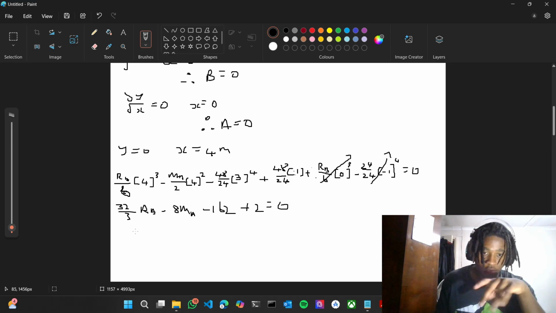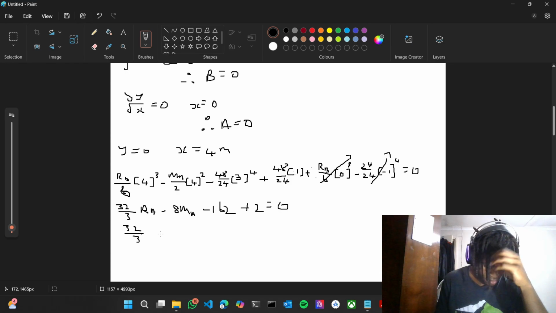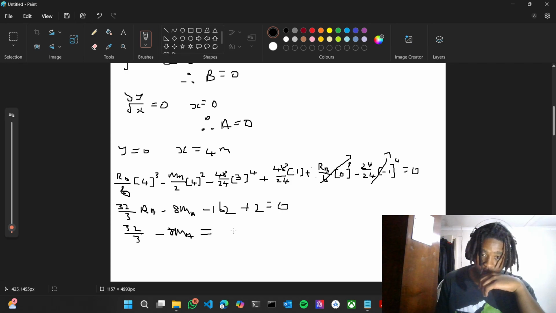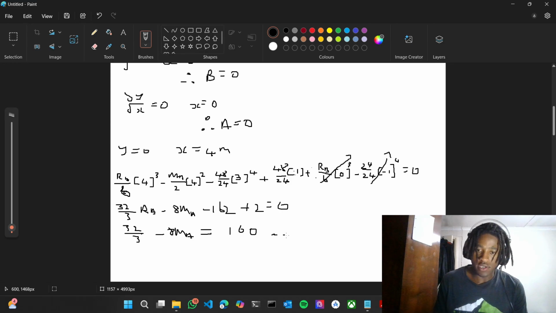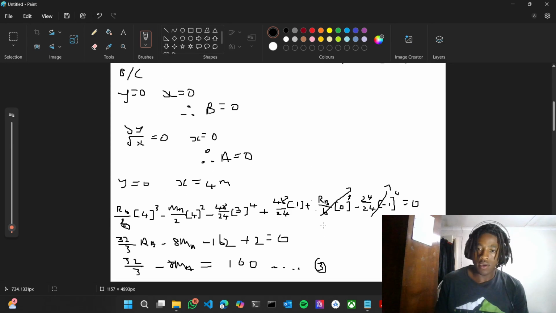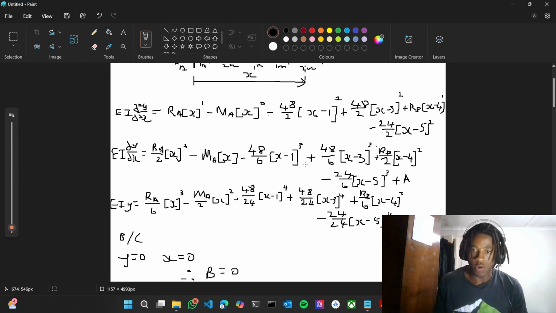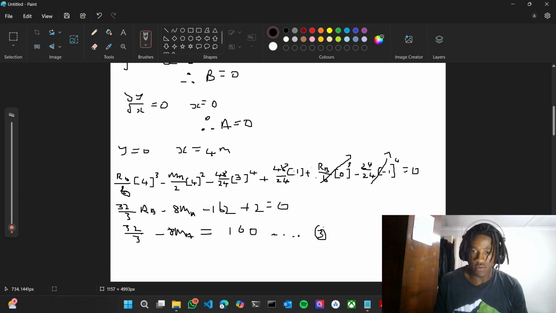And so if we rearrange that, it's 32 over 3 RA minus 8 MA, which is equal to positive 160. Cool. So this can be labeled equation 3 because we call this equation 1 and that equation 2. We'll call this equation 3.